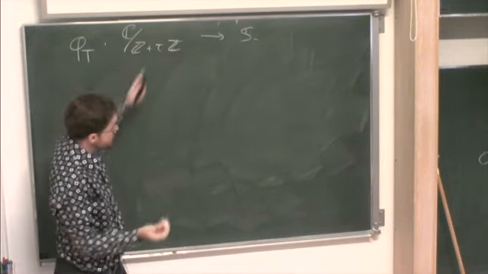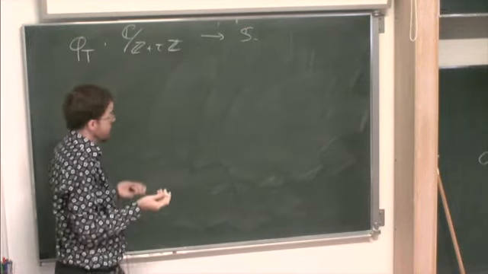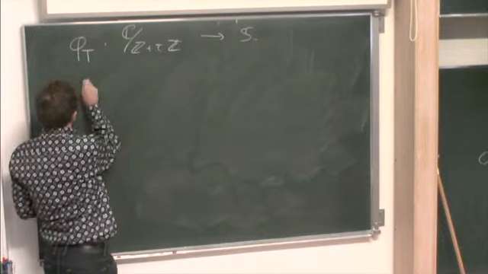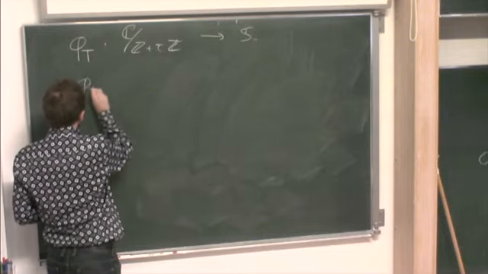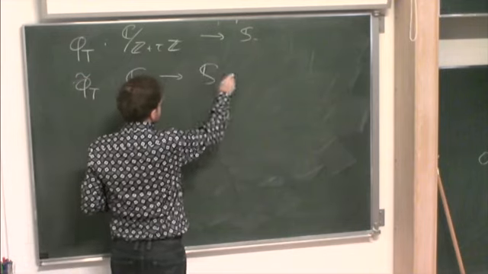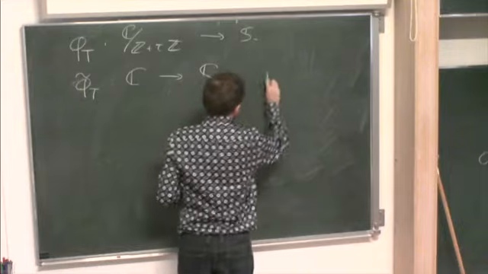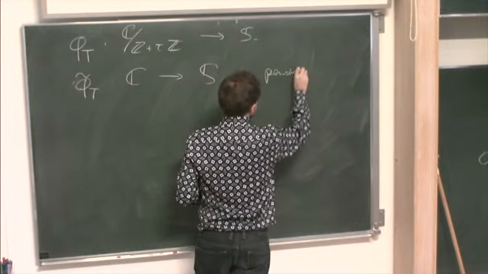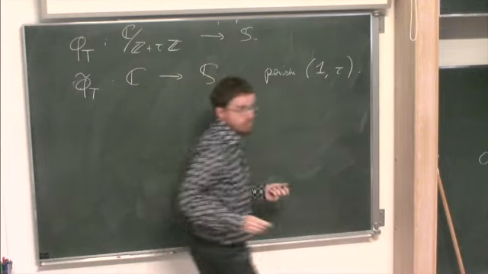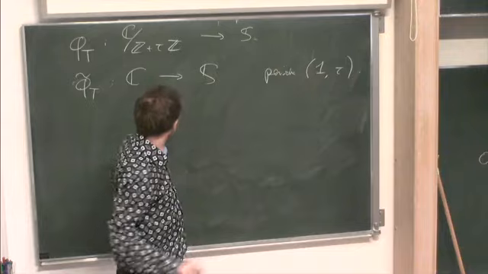So this should be a meromorphic function on the torus, but one way to see it is to lift it to the plane and to look for some function phi tilde which goes from C to the sphere and which is periodic with periods 1 and tau. It's the same thing as having a function on the torus.